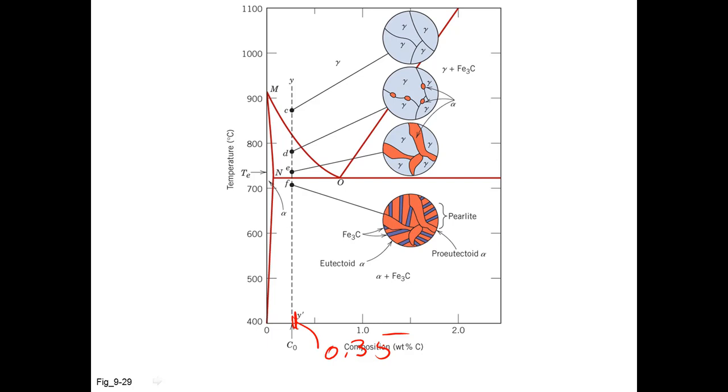And so we'll calculate the requested value for the mass fraction of the pro-eutectoid ferrite and pearlite by working just above that eutectoid temperature. This will allow us to calculate the amount of the pro-eutectoid ferrite and the pearlite that forms from the decomposition of austenite. So let's go ahead and do that.